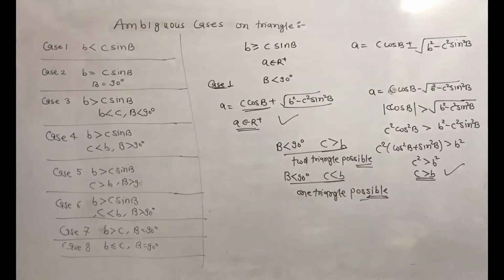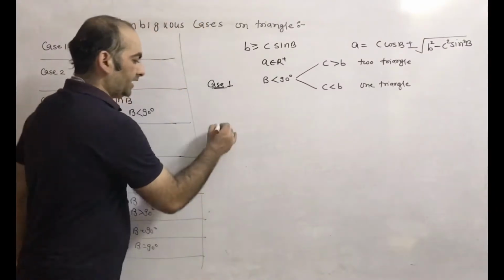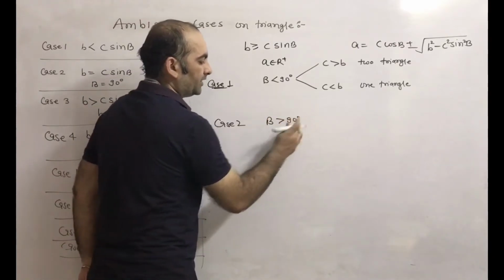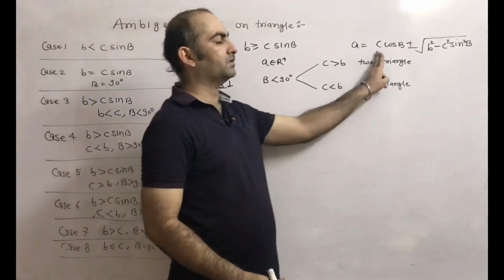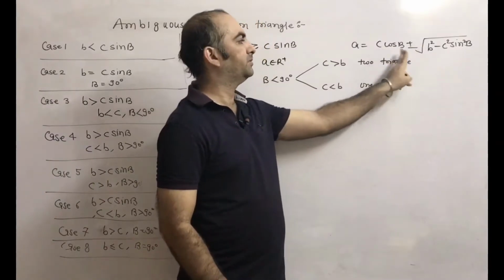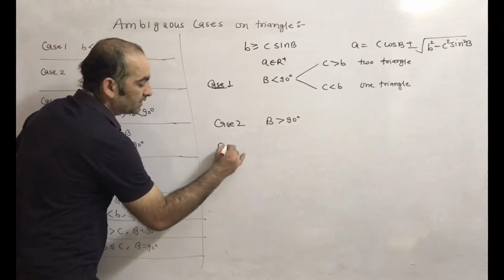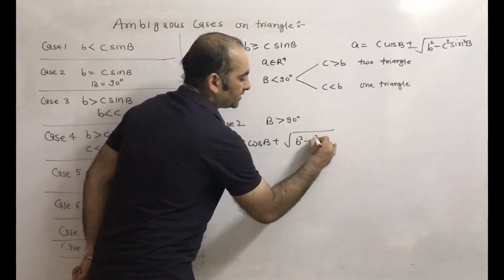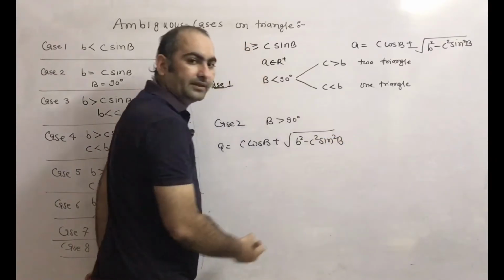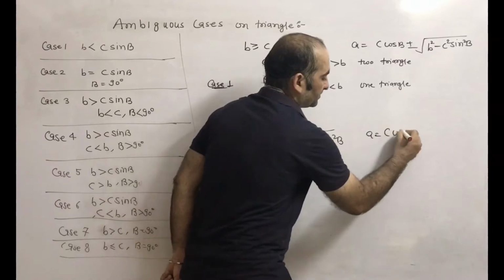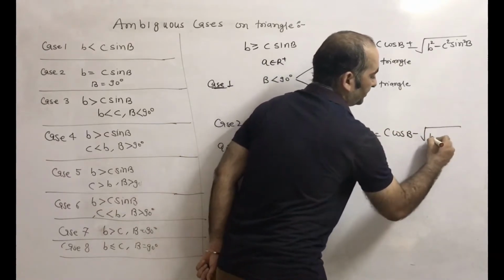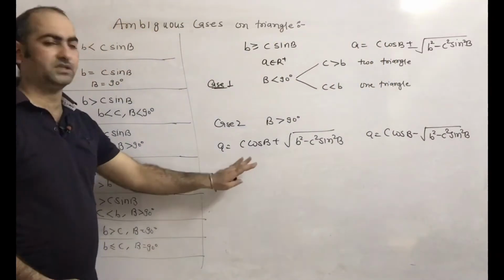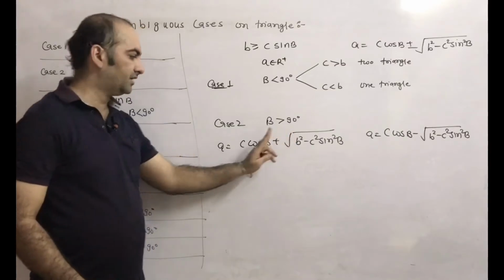Next case is case 2. Case 2 is if B is greater than 90 degree. So there are two values of a possible. A is c cos B plus this one, and c cos B minus this one. So a equals c cos B plus root over b square minus c square sin square B, and the other value is a equals c cos B minus root over b square minus c square sin square B. First thing, B is greater than 90, that means cos B is negative.